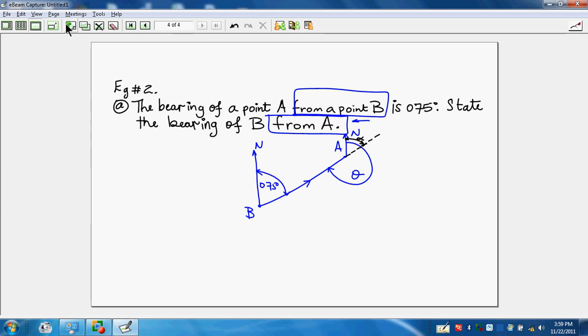Then we could say that angle alpha would be a corresponding angle to 75 degrees, because there are two north lines which are parallel lines, and there's an inclined line that runs from B to A and extends further out.